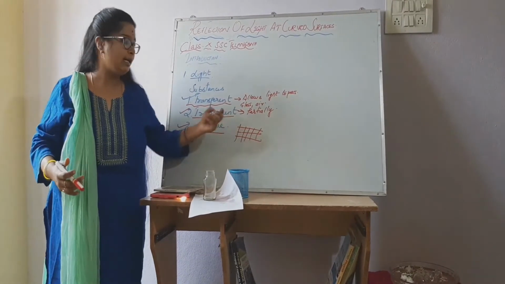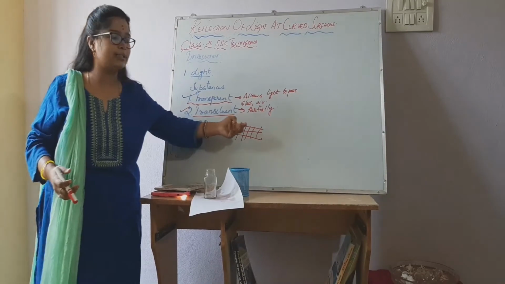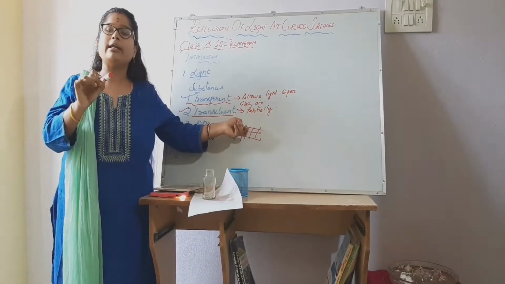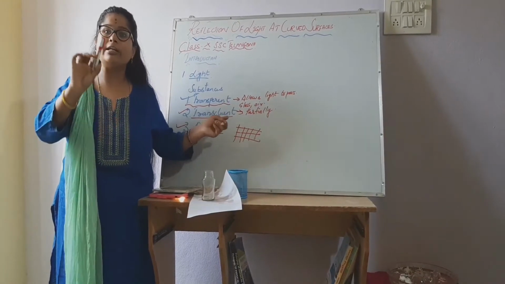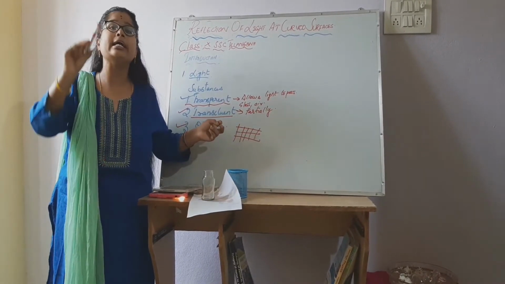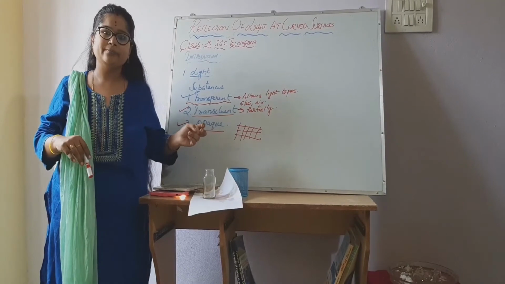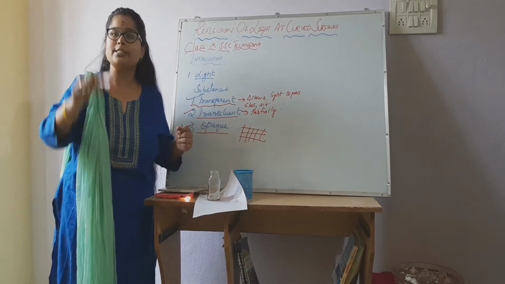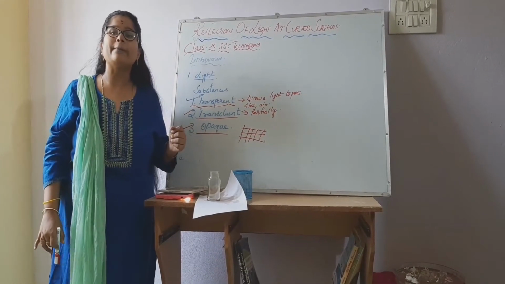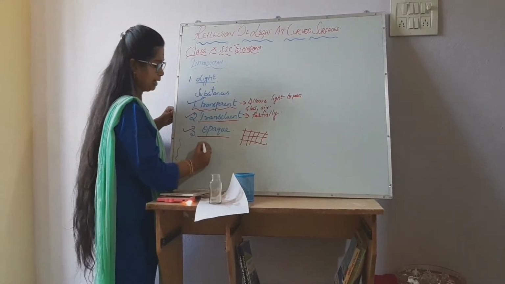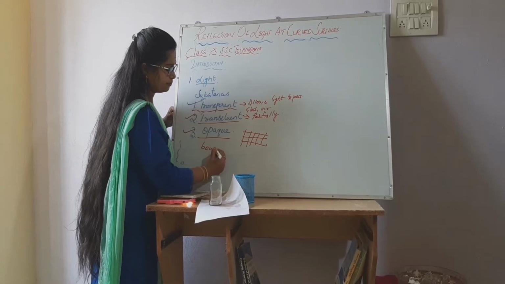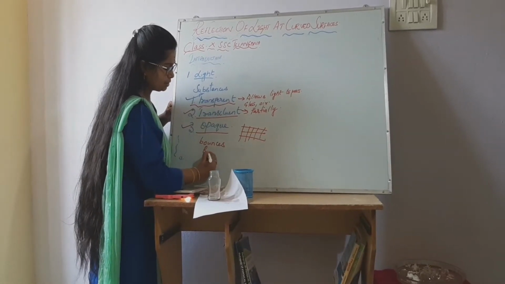The air is, as I discussed, a transparent object, so it passes through it. But when I strike a ball at a solid wall, is there any chance to pass through it? No. Then what happens? It bounces back, which is nothing but it comes back.